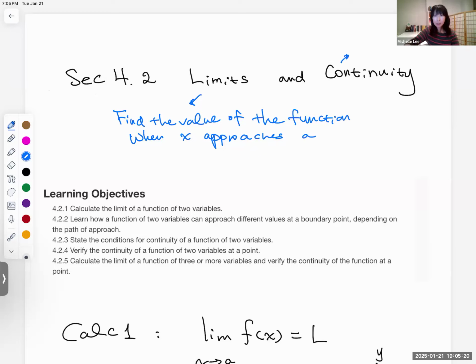So for continuity, just think: we don't lift the pencil when we draw the graph, right? From the graph, how about that? Think.